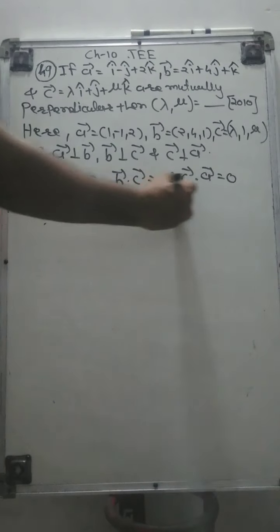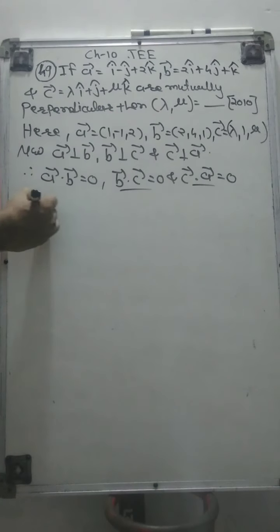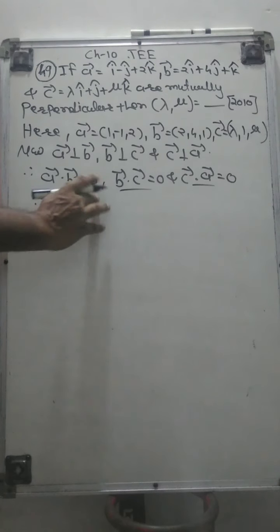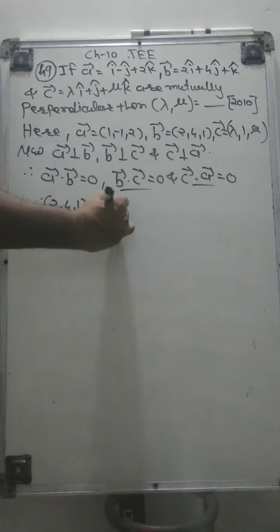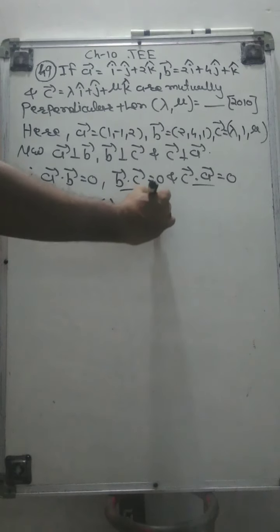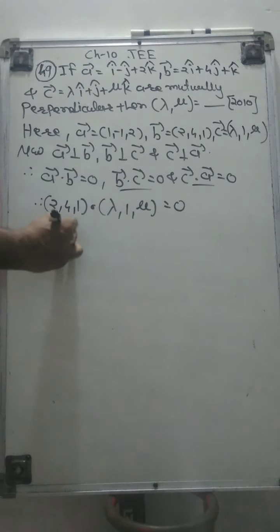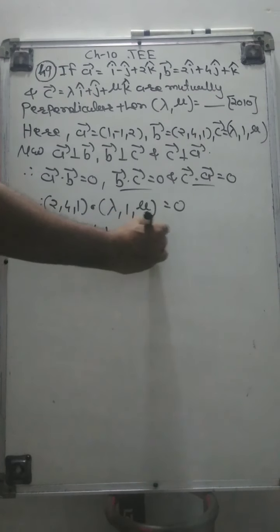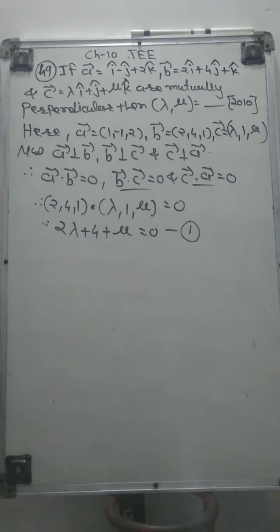We just take these two. b dot c is equal to 0. It means (2, 4, 1) dot (lambda, 1, mu) is equal to 0. It means 2 lambda plus 4 plus mu is equal to 0. This is our result 1.